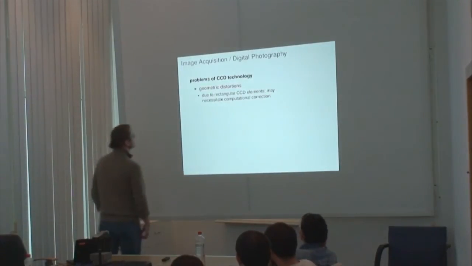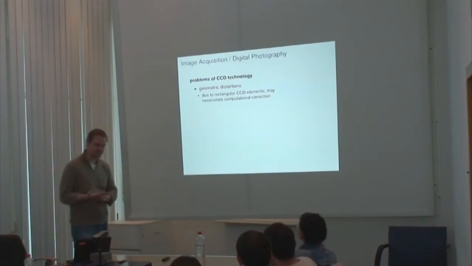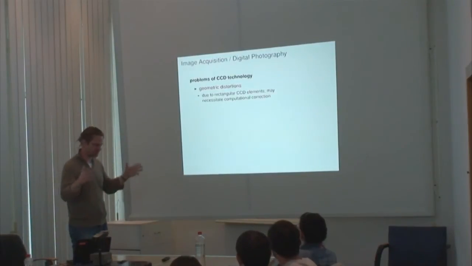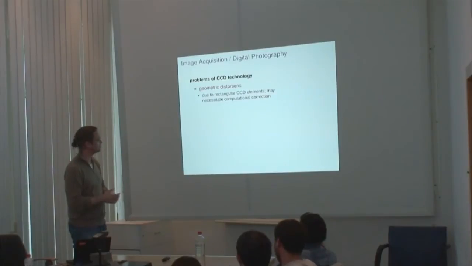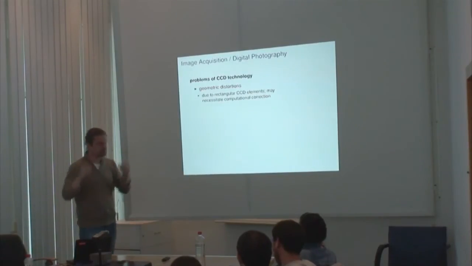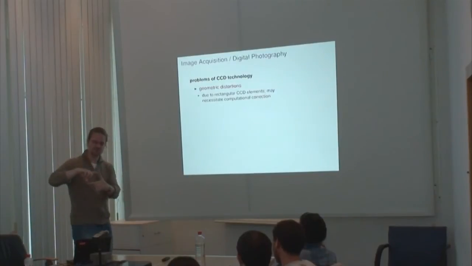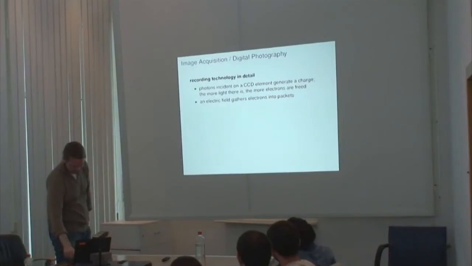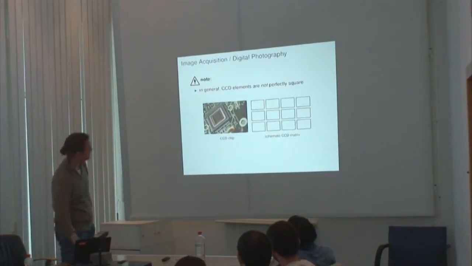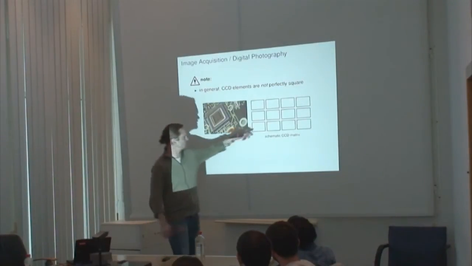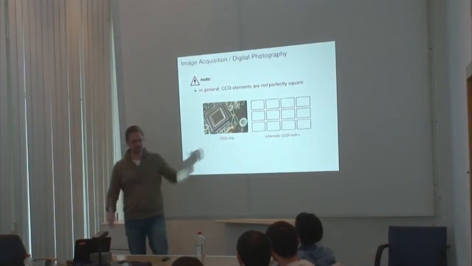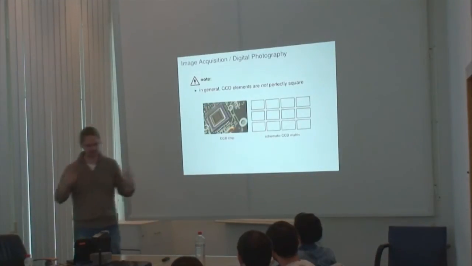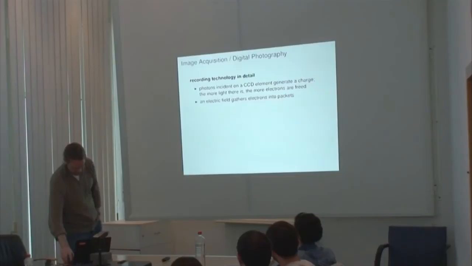Here's a thing I have to mention when we're talking about how images are recorded using digital cameras. These photosensitive chips are slightly distorted. Look at this. I did this on purpose. These are not perfectly square. These are tiny rectangles, and this is indeed what's going on in these chips.